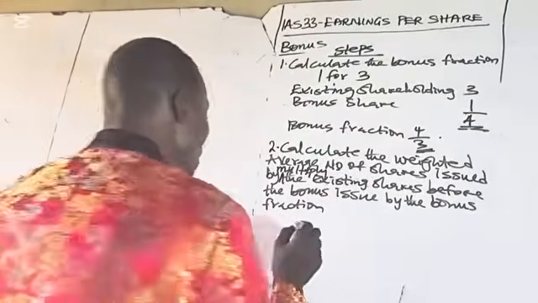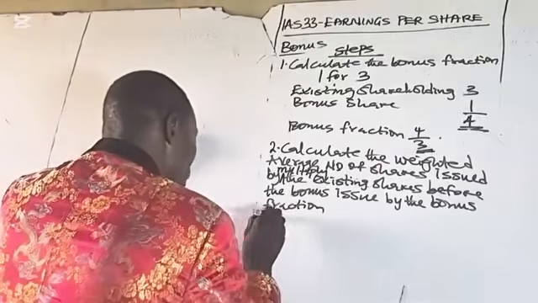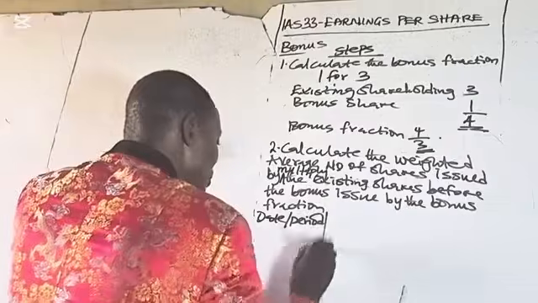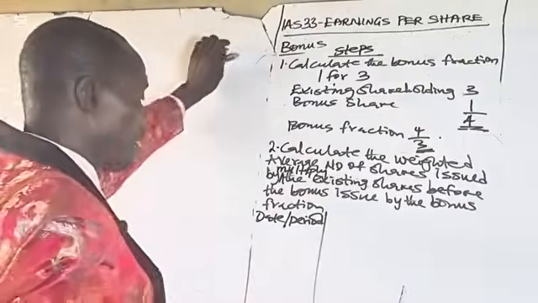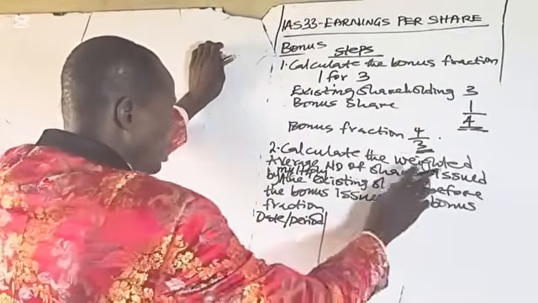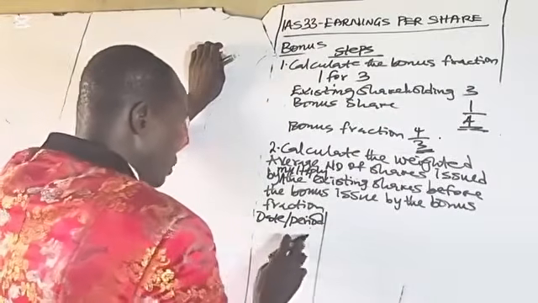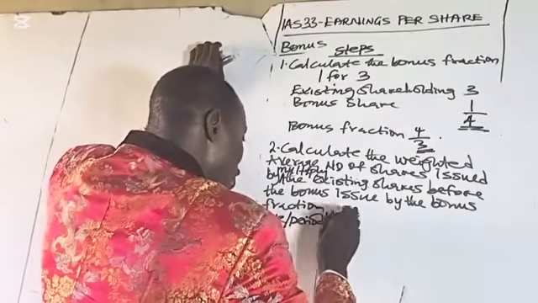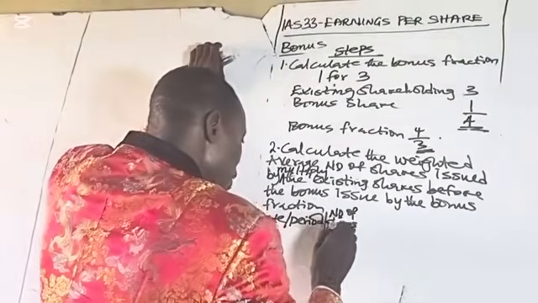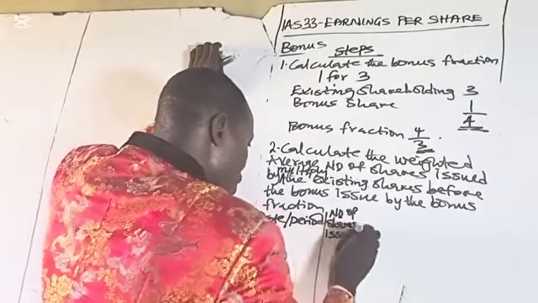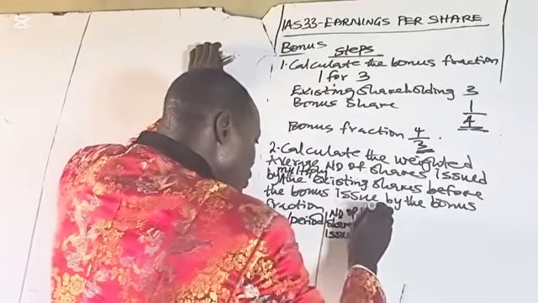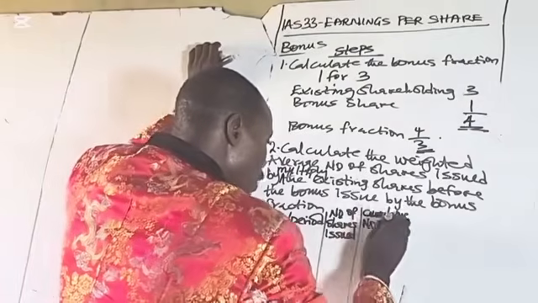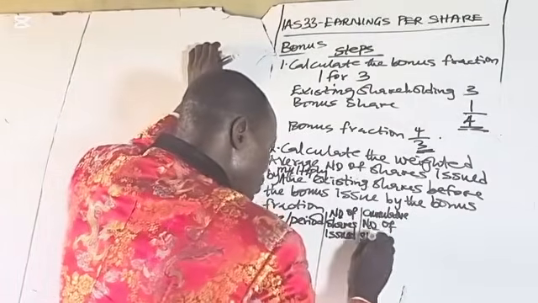So now I've given you the table for calculating the weighted number of shares issued. We have date or period, then we have number of shares issued. Then the second one we have cumulative number of shares.